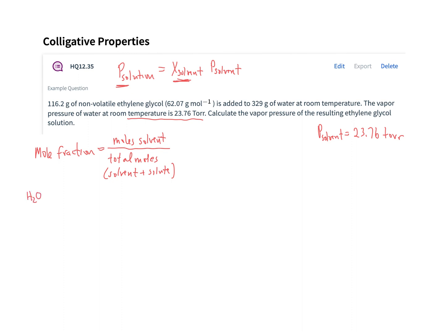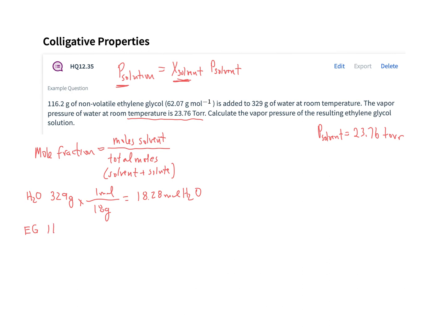Water is our solvent. So to find moles, I have 329 grams of water, and I know the molar mass is 18 grams per 1 mole. So I have approximately 18.28 moles of water. Do the same thing for ethylene glycol, and I'm just going to call ethylene glycol EG.